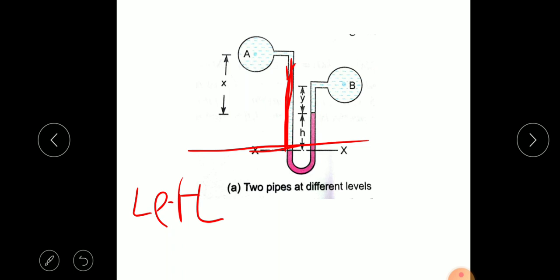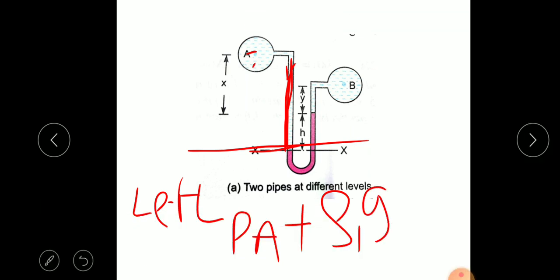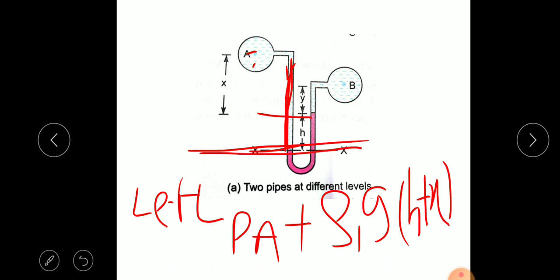So for the left side we can write PA plus rho 1 g times the height. The density of this fluid is rho 1, and the height of this fluid is h, and above that is x. So the total height is h plus x. So the pressure on the left limb above the XX datum line is PA plus rho 1 g times (h plus x).